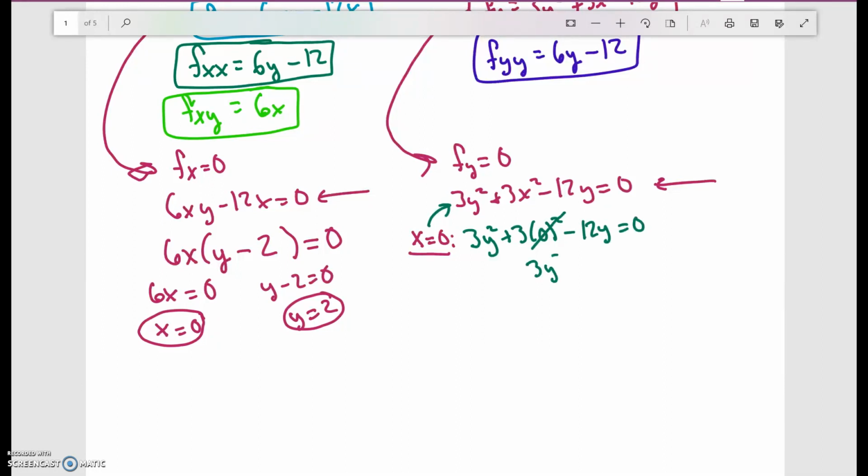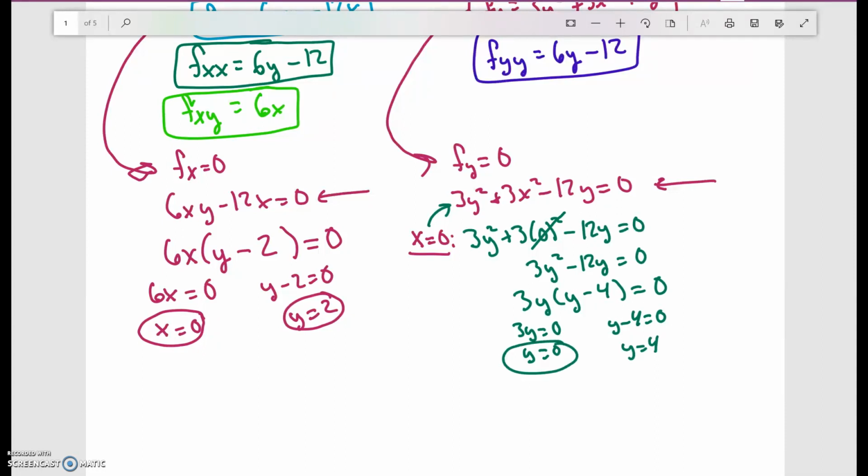I'm left with 3y squared minus 12y equals 0. Here I can factor out a 3 and a y, and I'm left with y minus 4 equals 0. So what I'm left with is 3y equals 0 and y minus 4 equals 0.